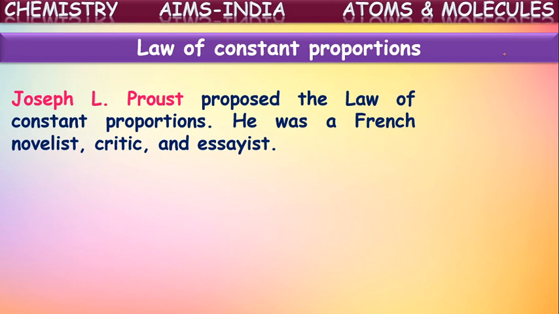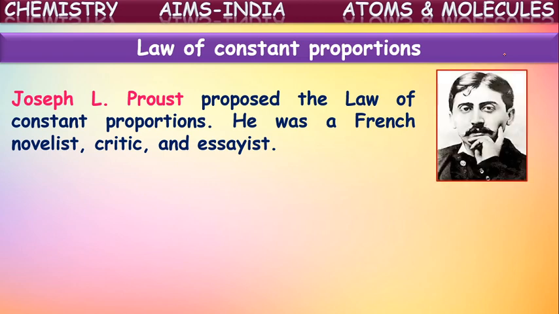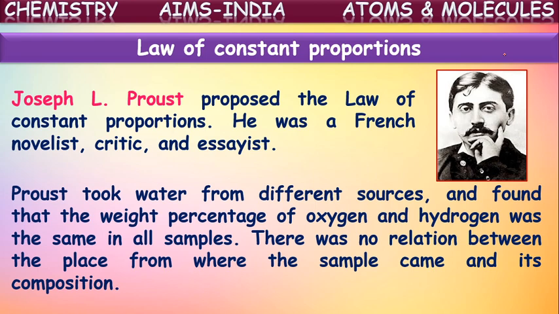Joseph Proust proposed this law of constant proportions. He was a French chemist. Okay, Proust took water in his experiments for proving this law. So he took water from different sources and found that the weight percentage of oxygen and hydrogen was the same in all samples.